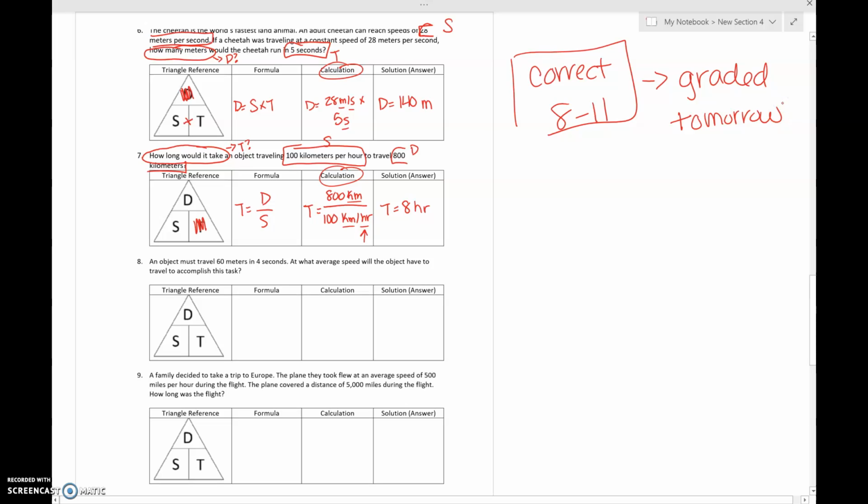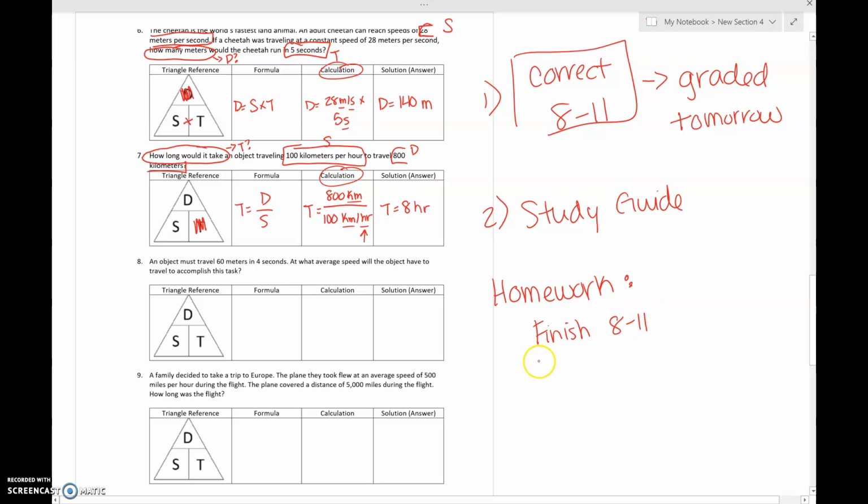If you did very well on numbers 4 through 7 and you have completed 8 through 11, then you are going to complete or start working on the study guide. Okay, everyone is going to work on the study guide for homework. Your homework is to finish 8 through 11 if you didn't do so, and work on the study guide.